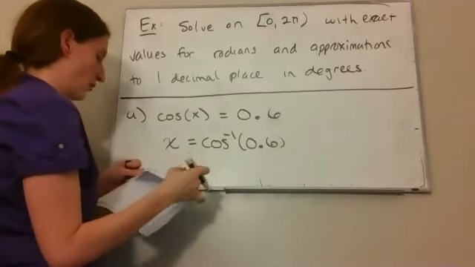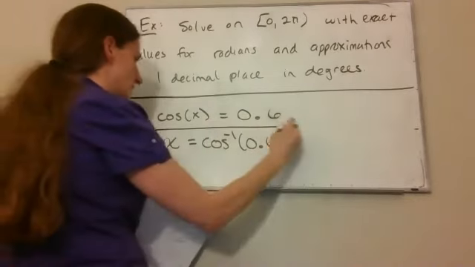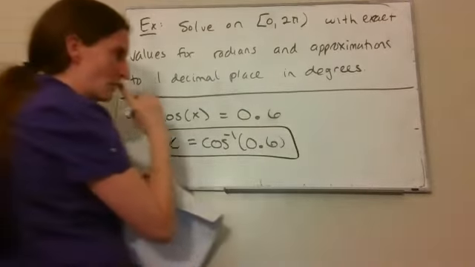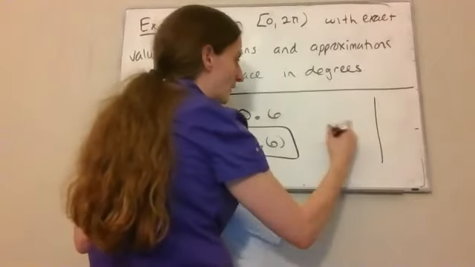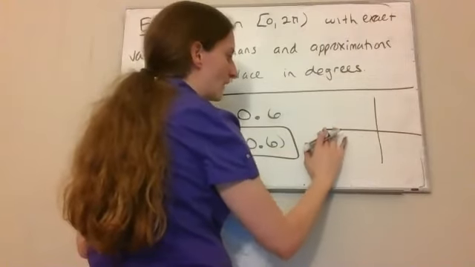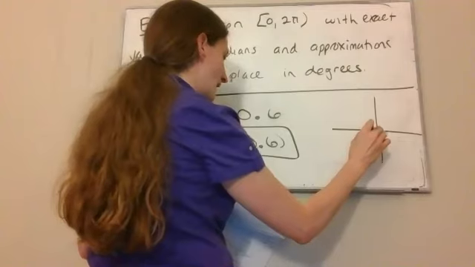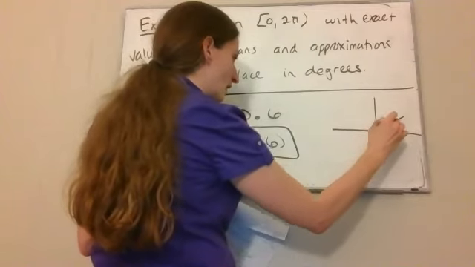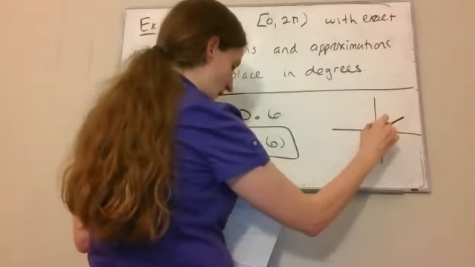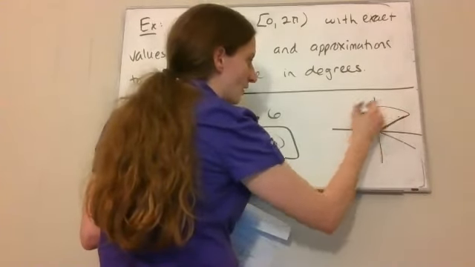Cosine inverse of 0.6 is my exact value for the radians. But I also have another exact value for the radians. So if cosine is equal to 0.6, that means that cosine is positive, and I'm going to be somewhere over here or down here on my unit circle.